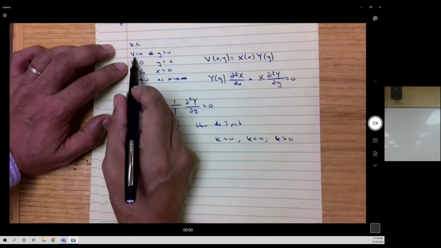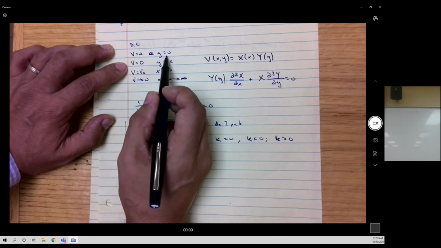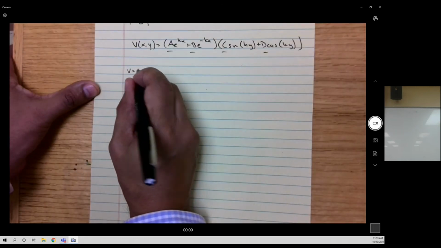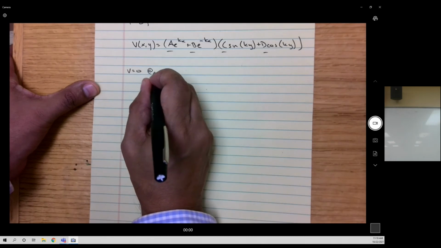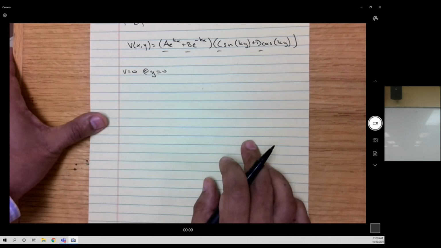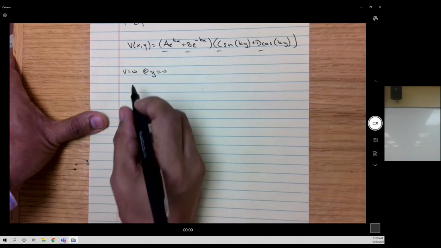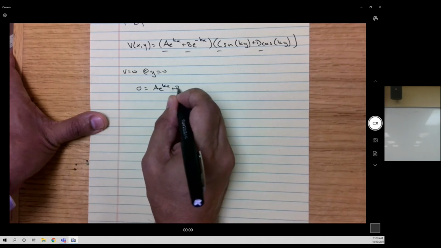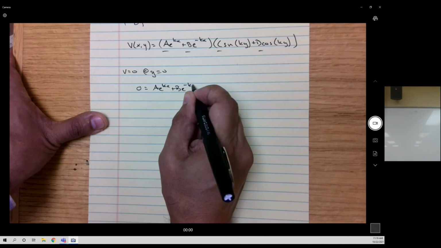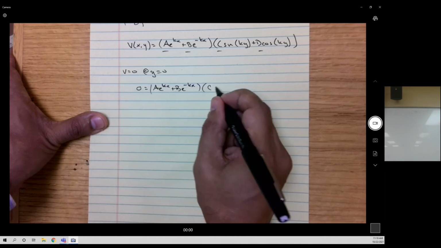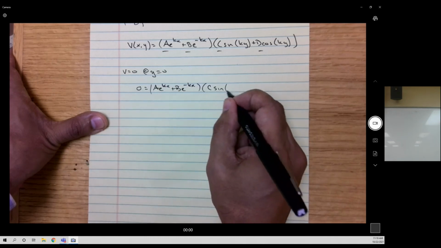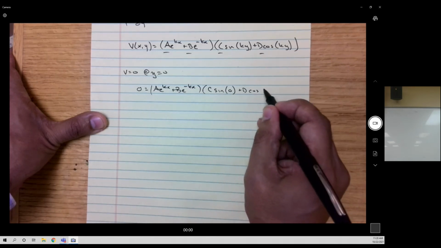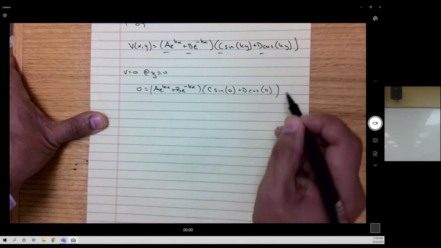One of my boundary conditions is that V naught is going to be 0 when y equals 0. So I'm going to have 0 equals A e^(kx) plus B e^(-kx), and then I have C sine of 0, the ky, that will be 0, plus D cosine of 0.